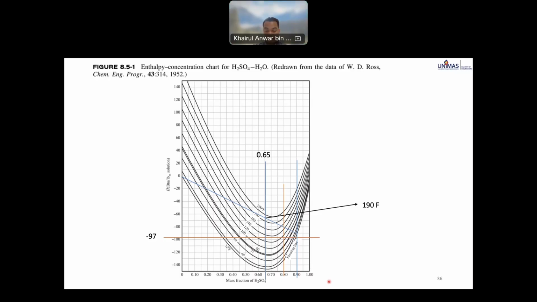Question 3. Pure water at 32 degrees Fahrenheit is used to dilute 90% aqueous H2SO4 at 32 degrees Fahrenheit. Estimate the maximum temperature the product solution can achieve and the concentration of sulfuric acid in this solution.